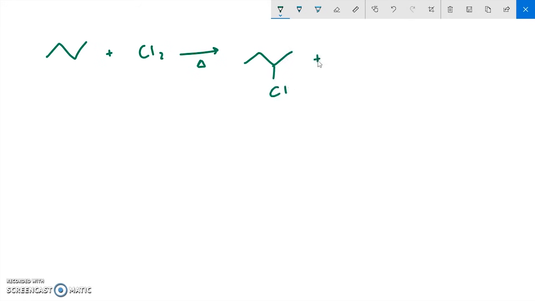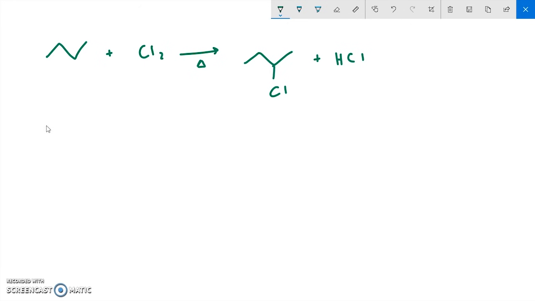The side product of HCl. The compound that can also be obtained is 1-chlorobutane. However, based on our discussion earlier, the secondary carbon will form more stable free radicals.